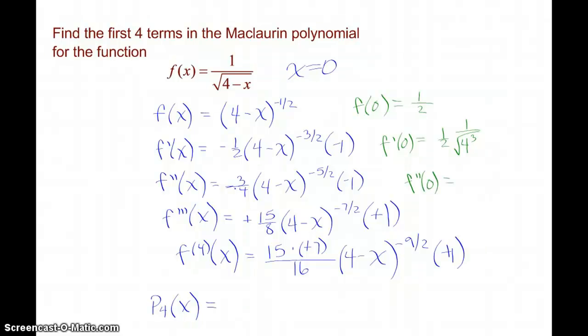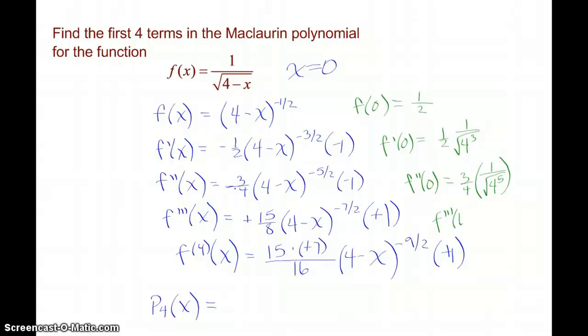Second derivative at 0, this becomes a positive 3/4 times 1 over 4 to the 5th and the square root of that.